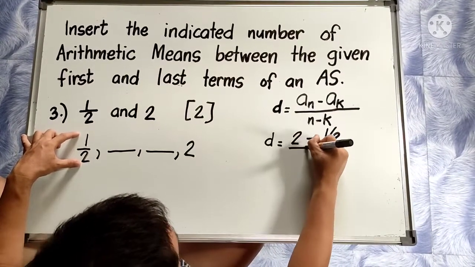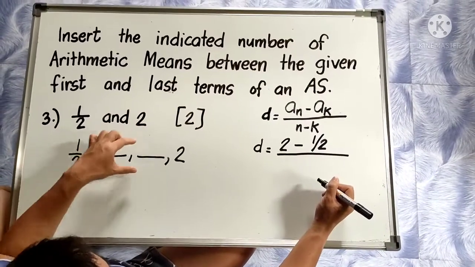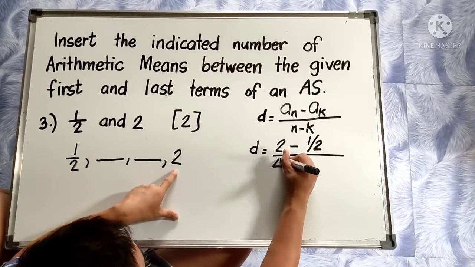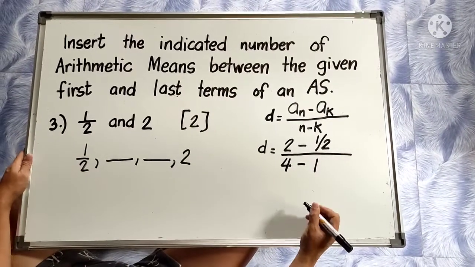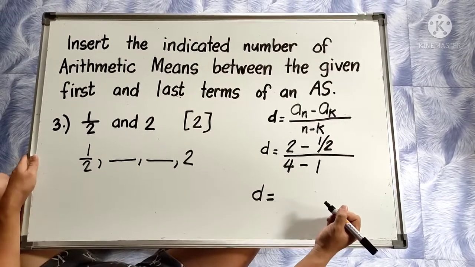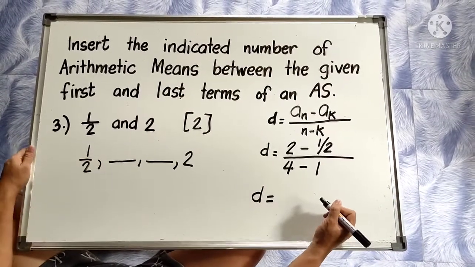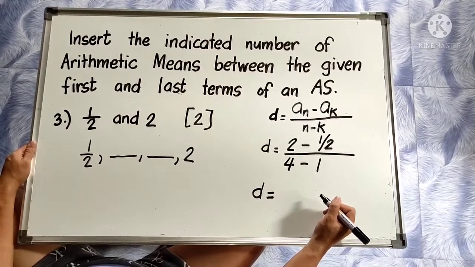Over, what term is 2? 1, 2, 3, 4. 2 is the fourth term, minus 1 for the first term. So the common difference D is equal to 2 minus 1/2, which is 1.5, or 1 and 1/2.